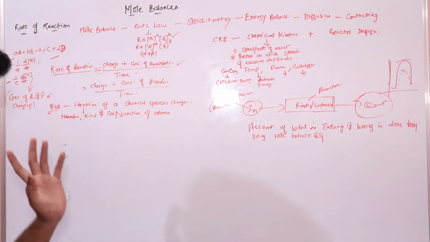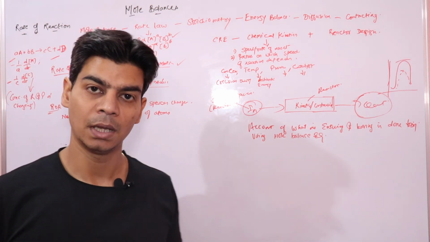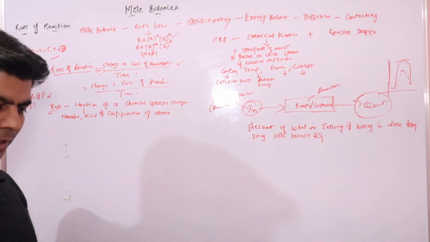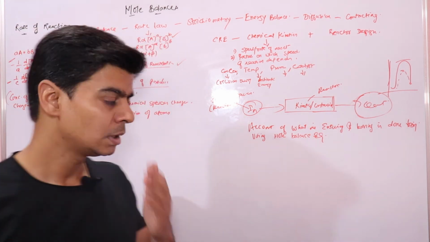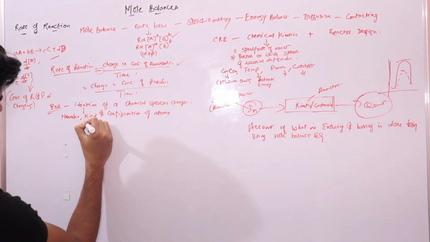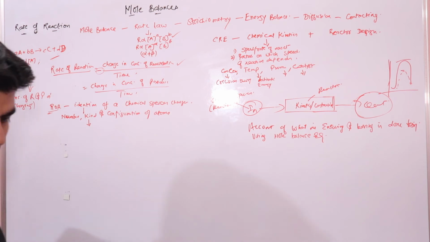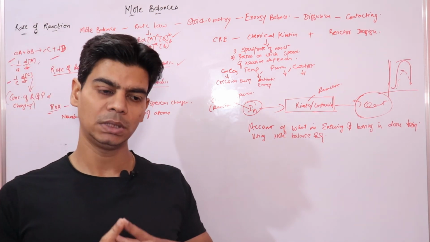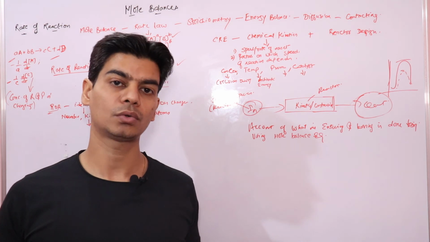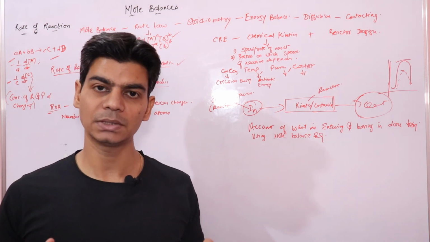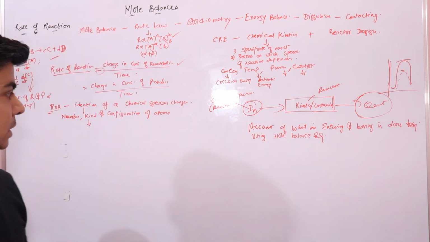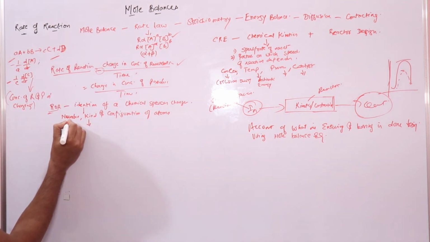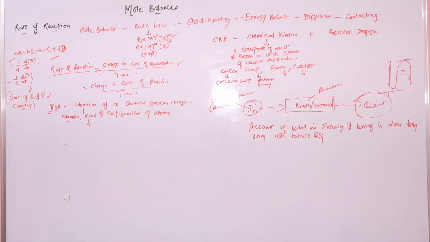And how can this change take place, how can the number, kind, or configuration of atoms undergo a change? Either decomposition should take place, or combination, or isomerization. So in order for any reactant to change its chemical identity, decomposition, combination, or isomerization should take place.